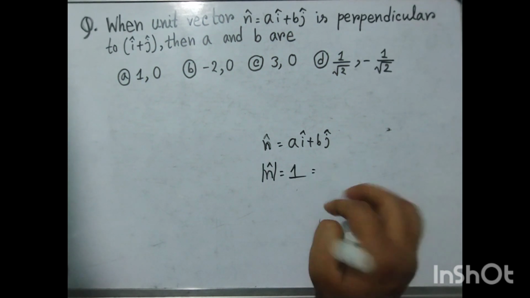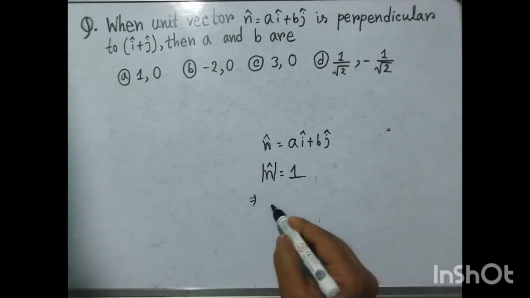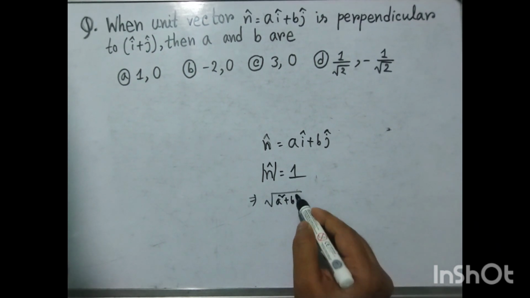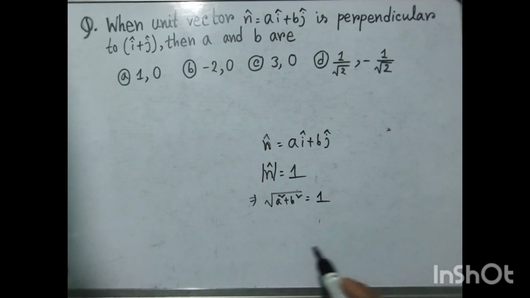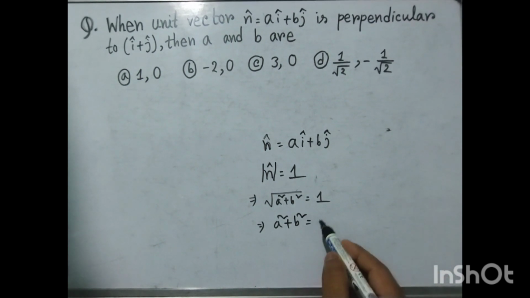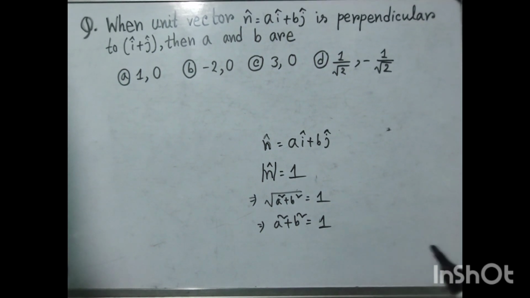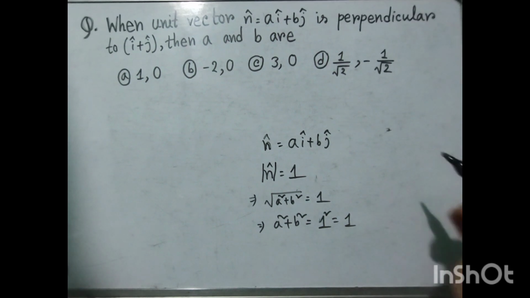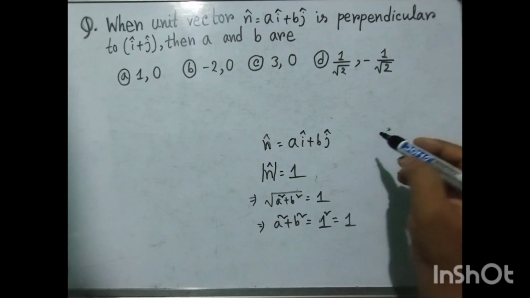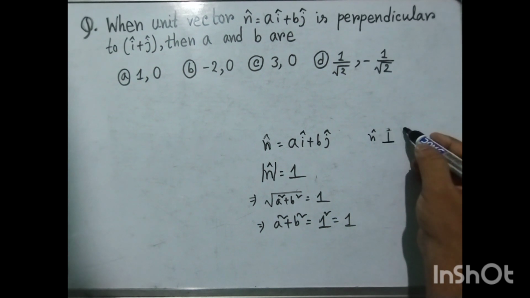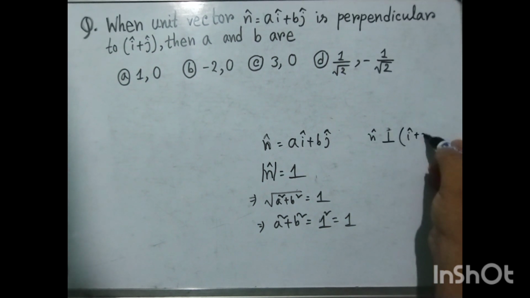So that means root over a square plus b square is equal to 1. That means a square plus b square is equal to 1. And again it is saying n cap is perpendicular to i cap plus j cap.